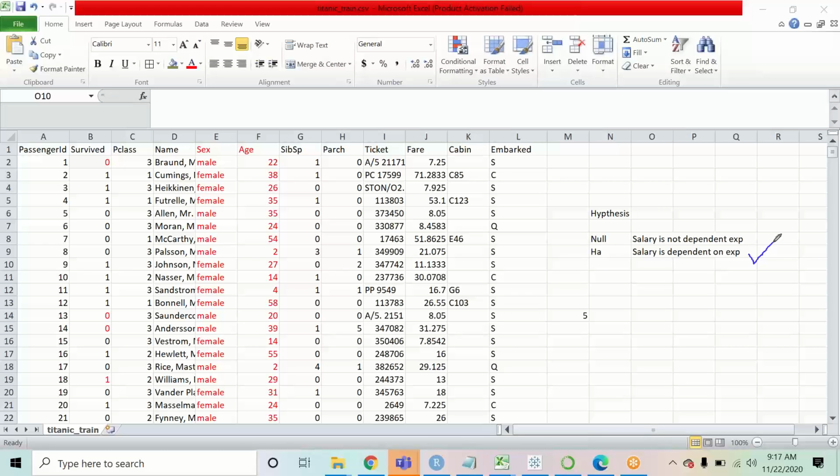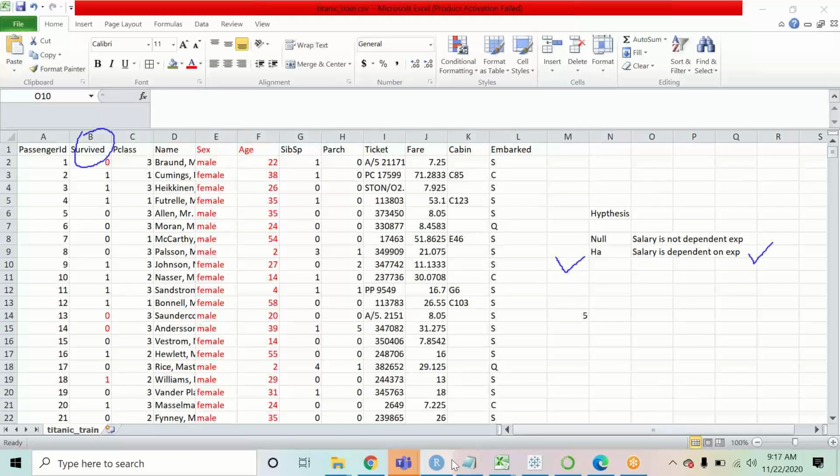That is why we put in that much effort of collecting evidence and filing a case. Same way in the models, our null hypothesis will always be that my target variable is not dependent on these variables, and my alternate hypothesis is that yes, it is dependent, and we try to find out the variables which impact it.